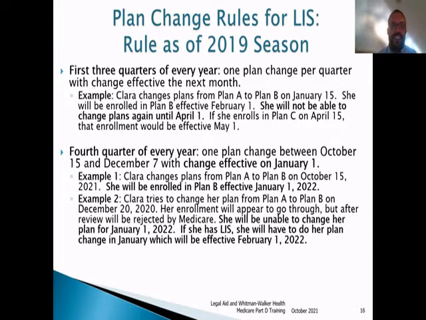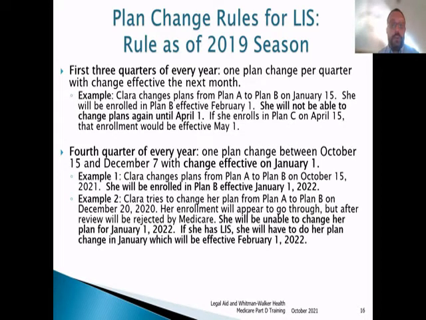In 2019, that rule changed though. And there are still more permissive rules around changing plans than just the open season, but it is more restrictive than it used to be. Now people who are enrolled in the low income subsidy / QMB are allowed to change their plan only once per quarter. And that change still goes into effect the first of the following month.